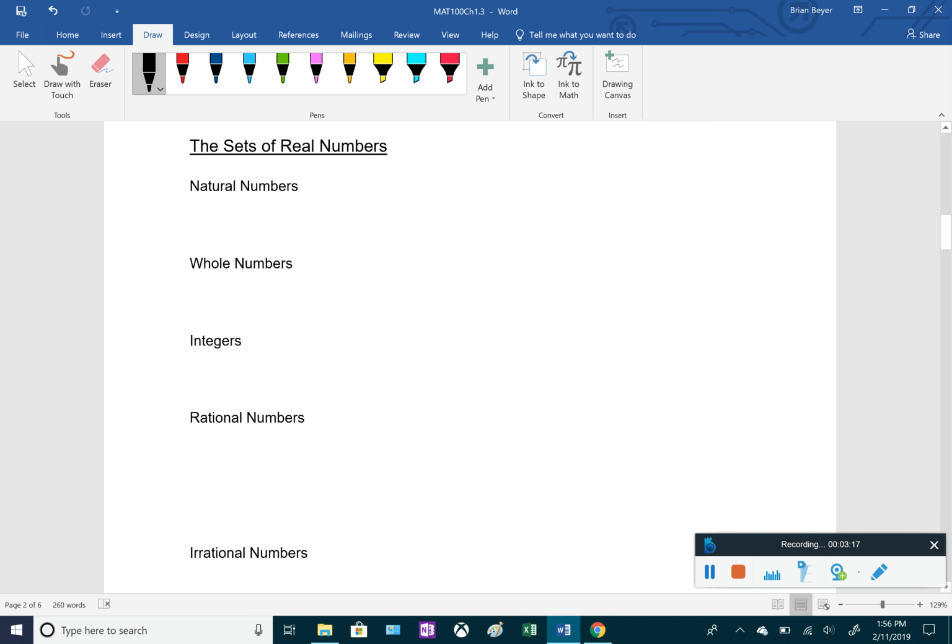We already did natural numbers. The set of natural numbers, we're going to be denoting that with a capital N, and we're going to be using that backbone, like the double lined for one of the parts of the letter. That represents the set of natural numbers. And we know that it's the set of numbers 1, 2, 3, 4, 5, 6, 7, and so on.